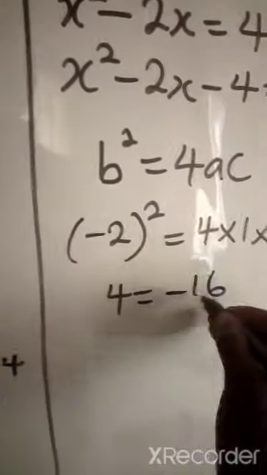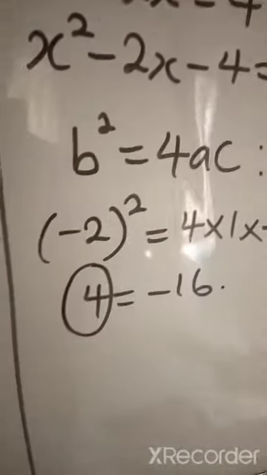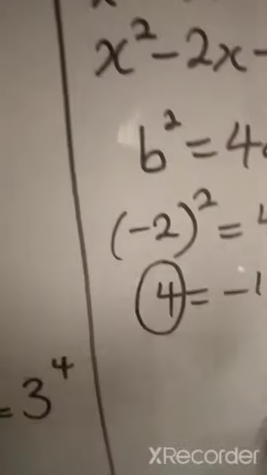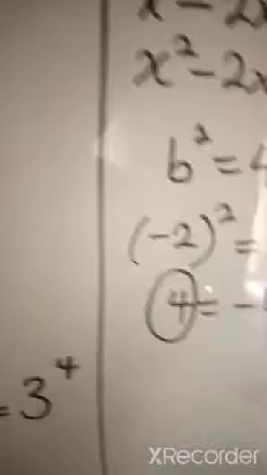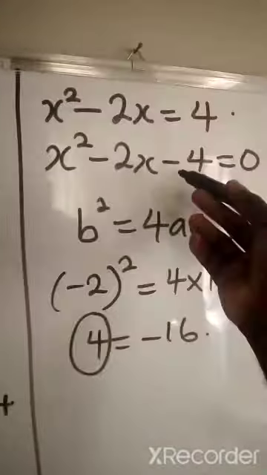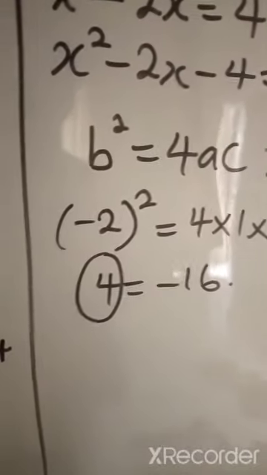You see now that this is bigger than this. So we cannot use the factorization method. We can only use the formula method because the answer will be decimal. The answer will be decimal answers. You understand? So meaning that for this one, there's no way we can go further other than using the formula method.